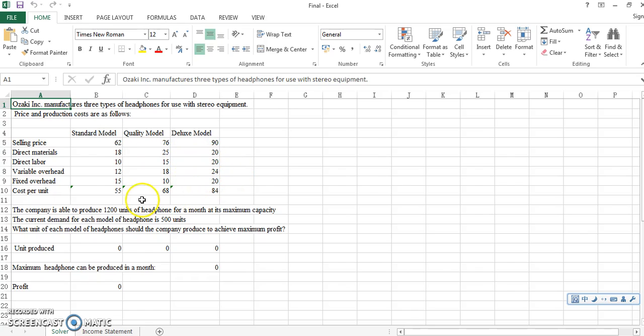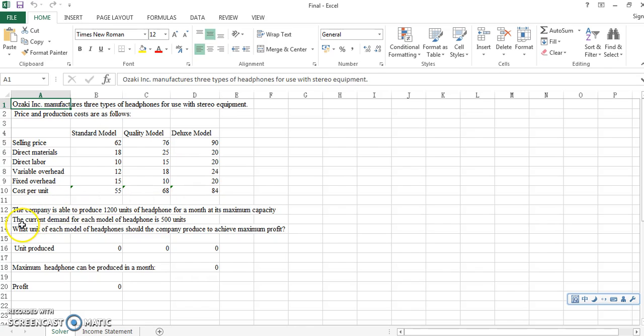And we have different scenarios for that. The company is able to produce 1,200 units of headphones per month. So it means the maximum capacity of the company is only 1,200 units. The company can produce less, but they cannot produce more than that.